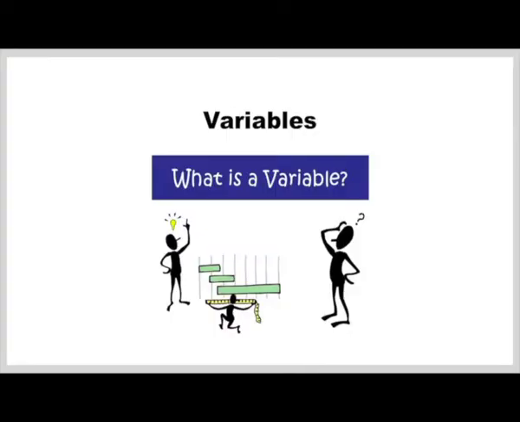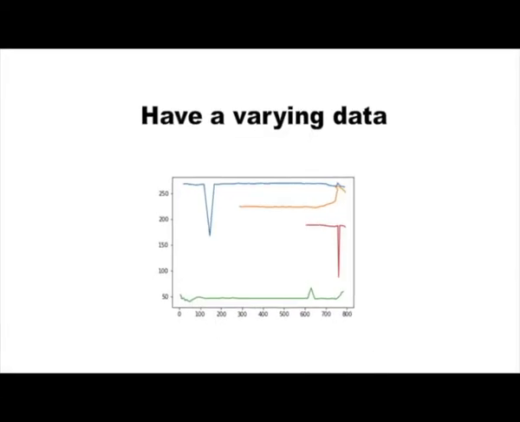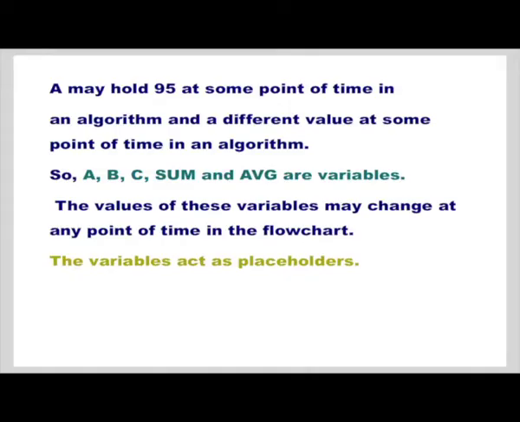What do you really mean by a variable? A variable is something which can have varying data. For example, A may hold 95 at some point of time in an algorithm and a different value at some other point of time.